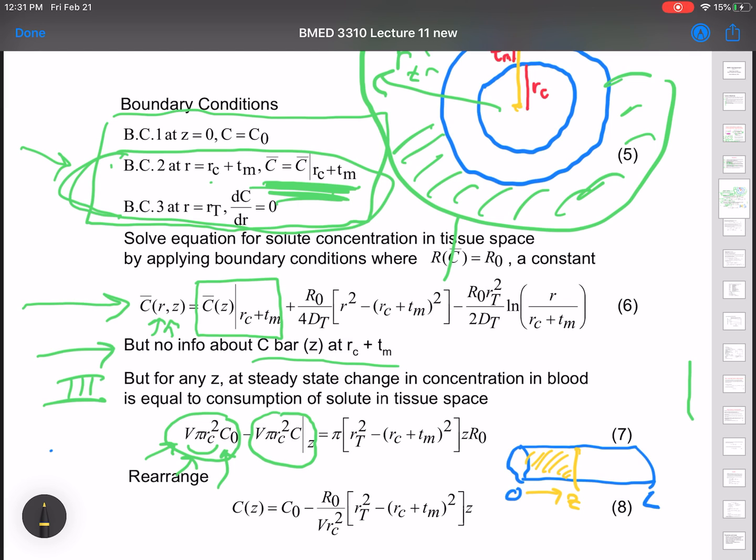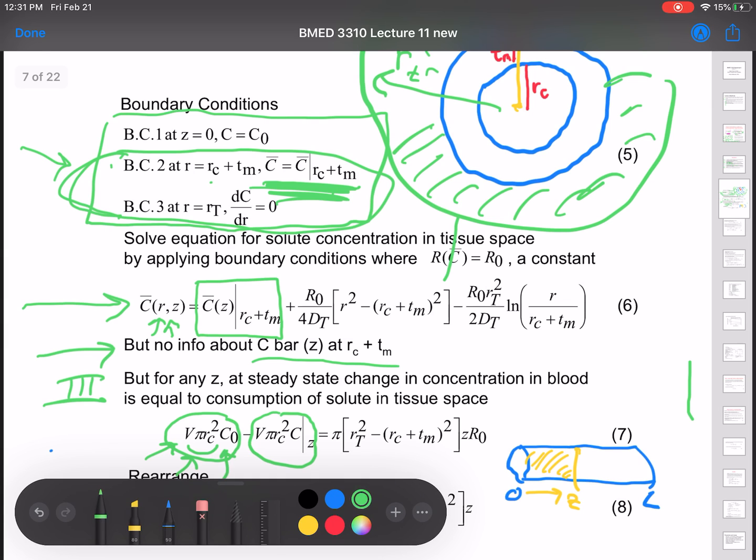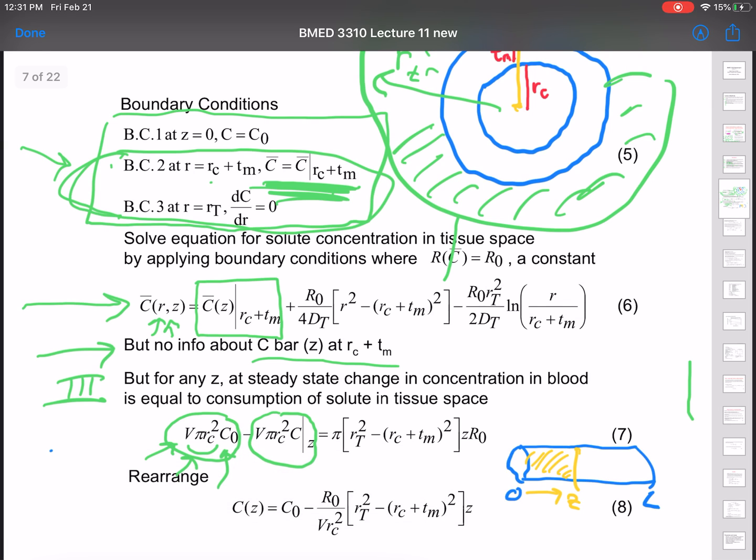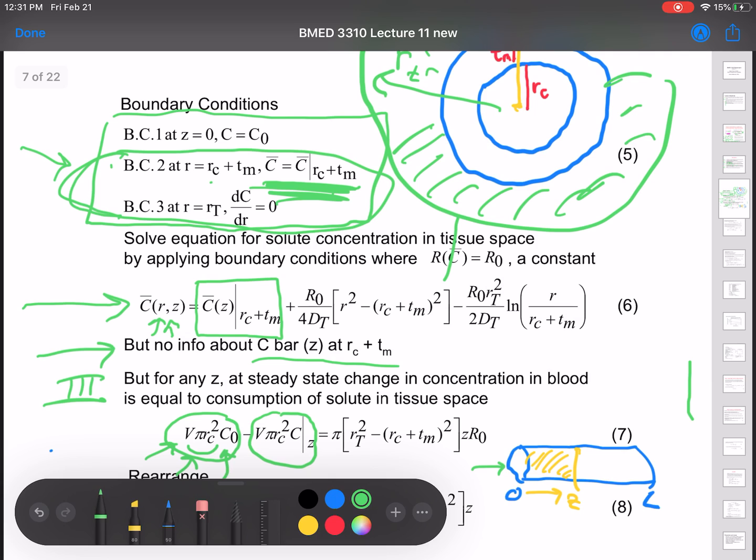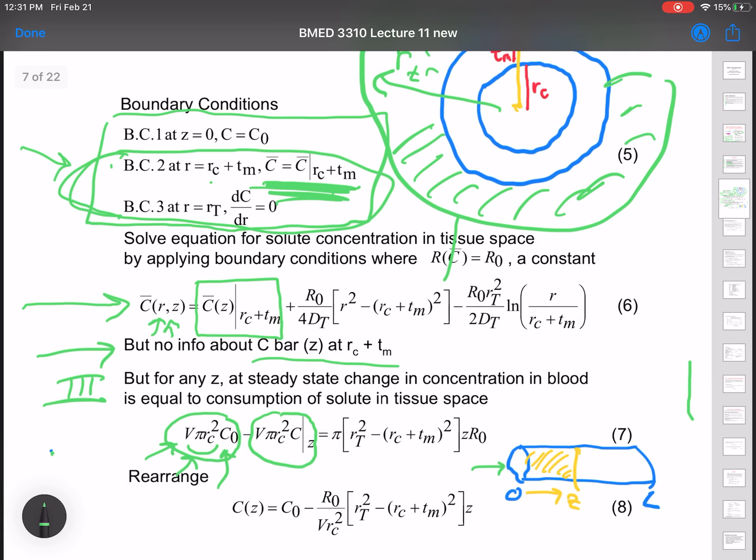What comes in at this point is given by the first term, and what leaves here is given by the second term.